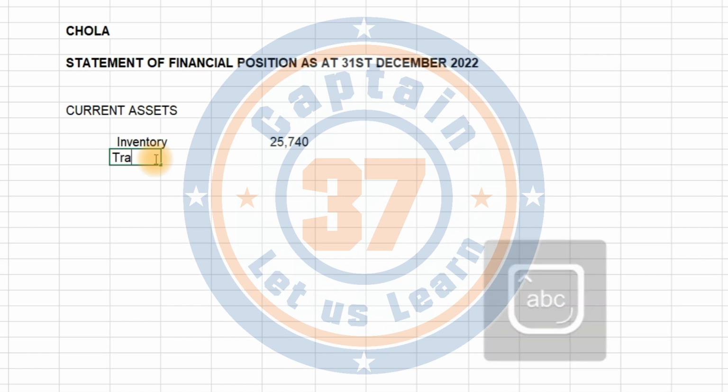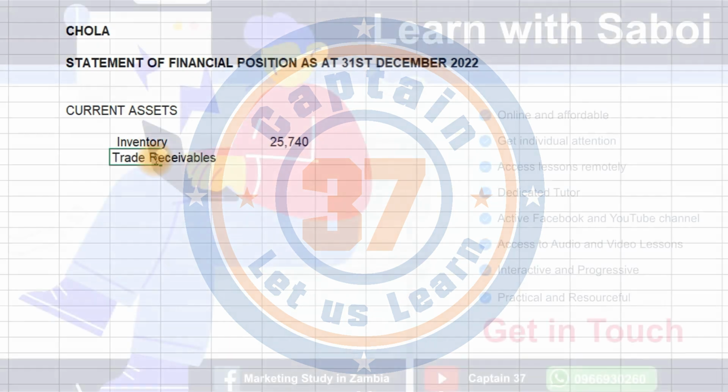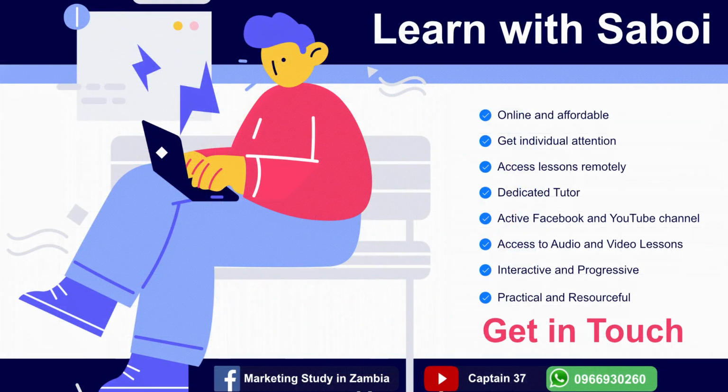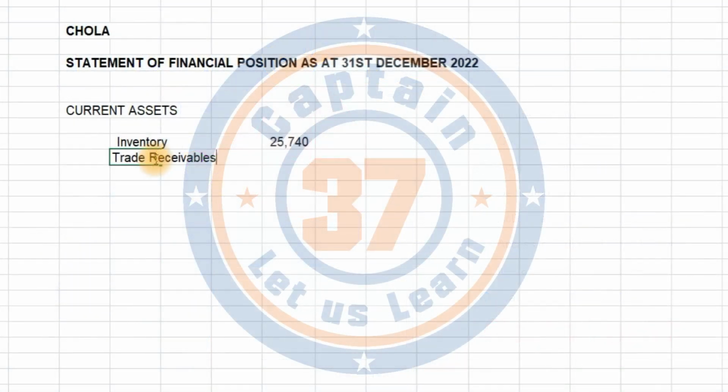What else do we have under current assets? We have got trade receivables. And the value for trade receivables, now this is very important, please take note of this. We were told that it is 38,200. Now, if you take notice, under additional information, we were told that the provision for bad debt is to be adjusted so that it is 5% of trade receivables.